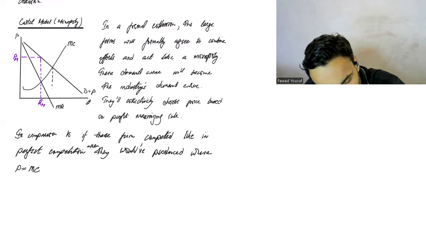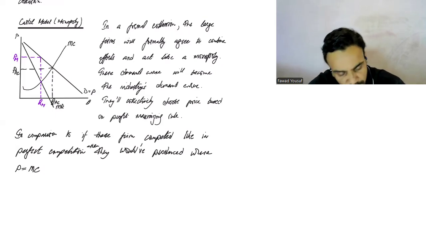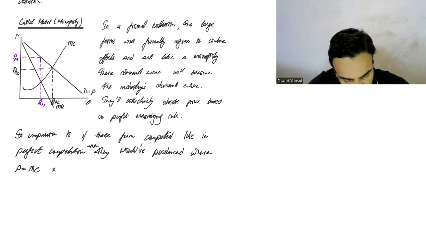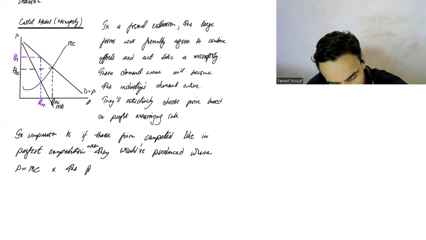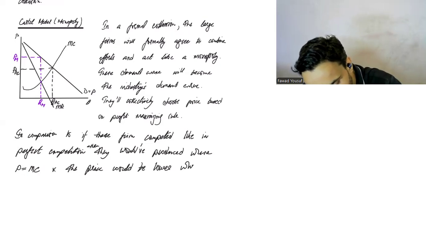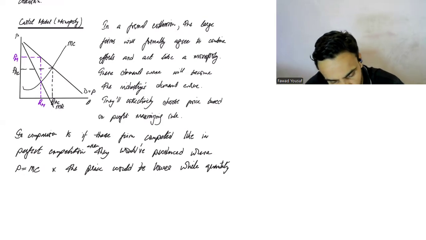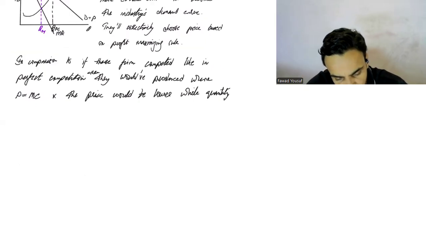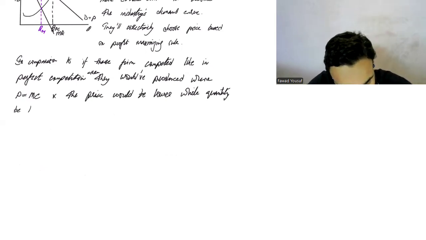ग्राफ में मार्क कर लेते हैं वो P equals to MC किधर है. So this is where perfectly competitive firms would have produced, right, and the price would be lower while quantity would be higher.